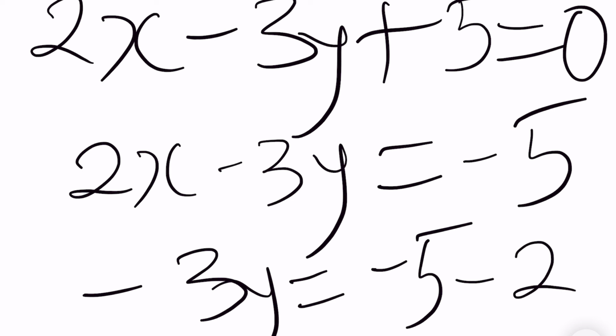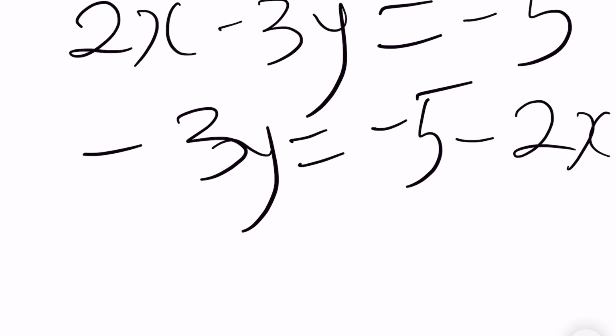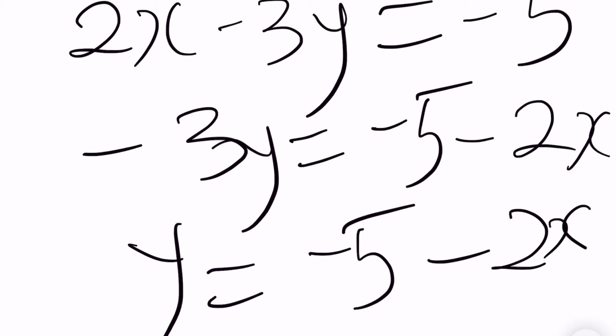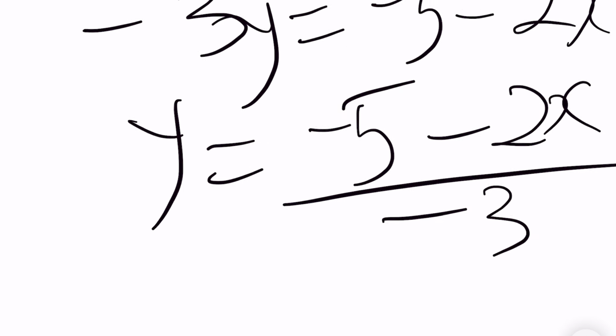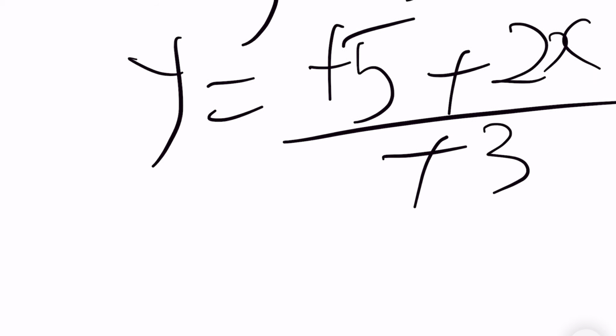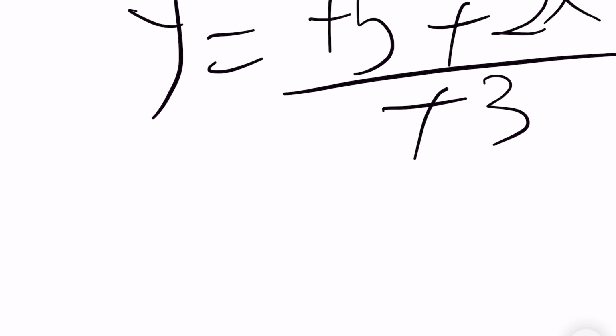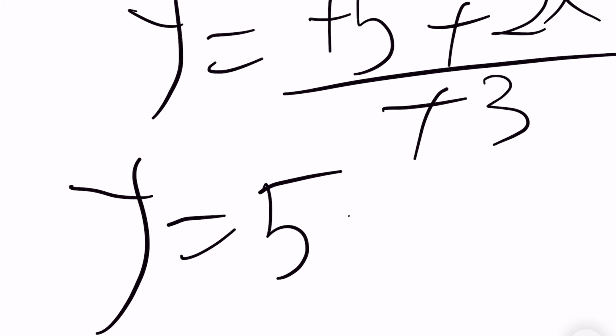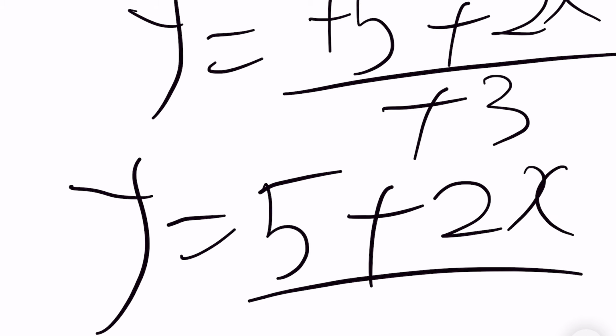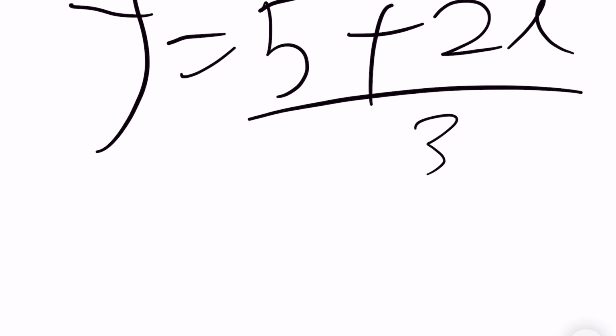And we have minus 3y to be minus 5 minus 2x. And we have y to be minus 5 minus 2x over minus 3. So this minus can cut the other minus. Then we have y to be 5 plus 2x over 3.